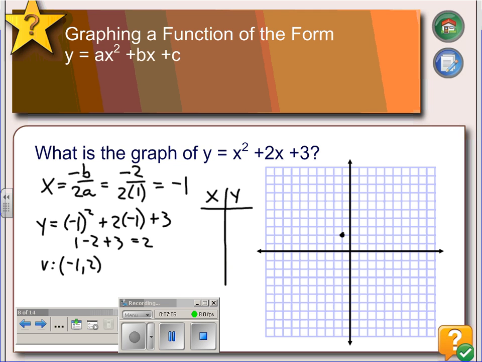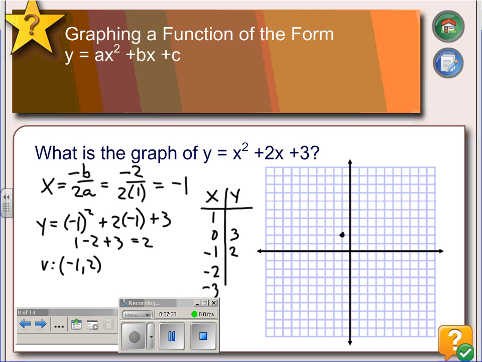We know we have a vertex at negative 1, 2. So we should pick points that surround this. So things nearby would be 0 and 1. And then we'll have symmetry at negative 2, negative 3. So if we plug a 0 in, we get 0 squared plus 2 times 0 is 0, plus 3 is 3.